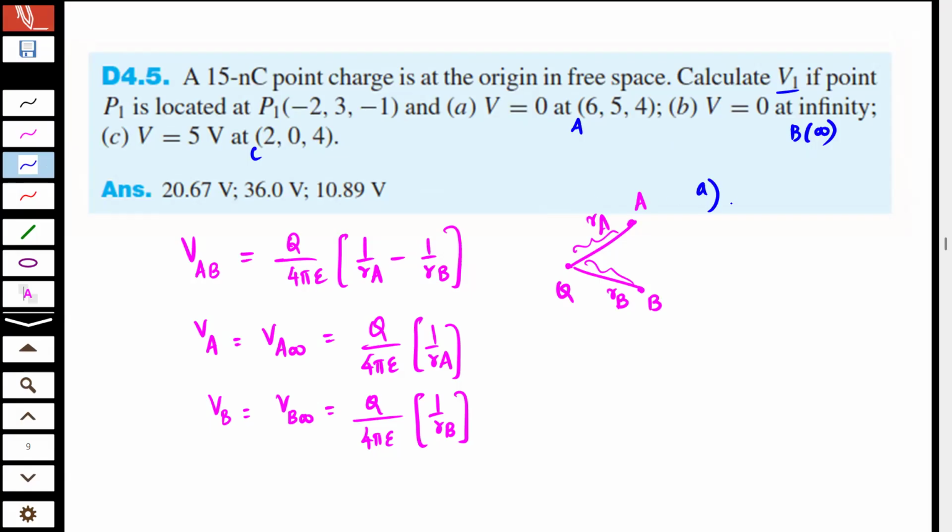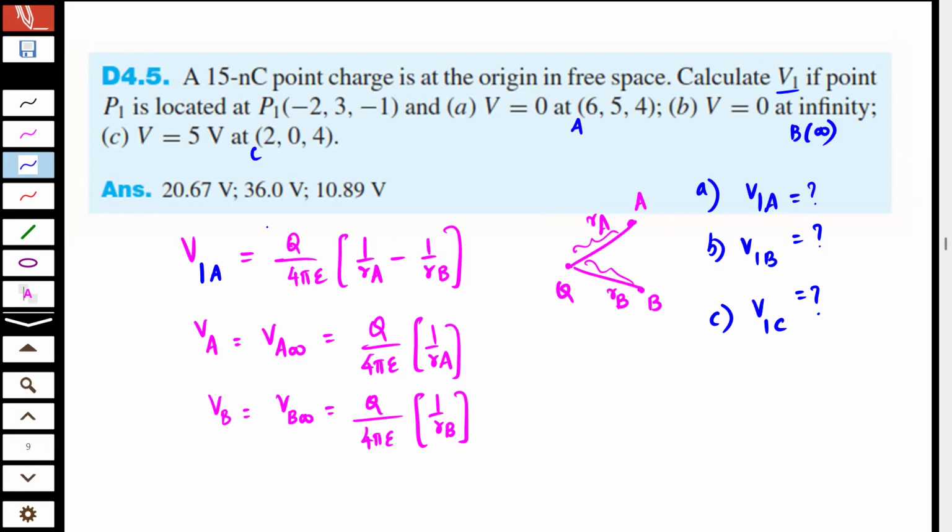So, for the first subdivision, we have to find V at point 1 with reference to A. And second subdivision, V at point 1 with reference to B. Third one, V at point 1 with reference to C. This we have to find first. And from this, we have to find what is the potential at V1.